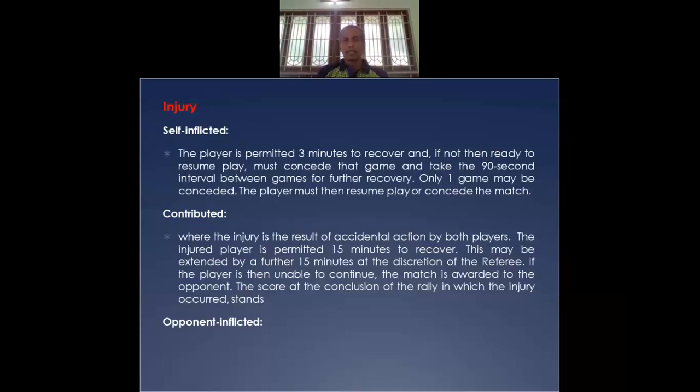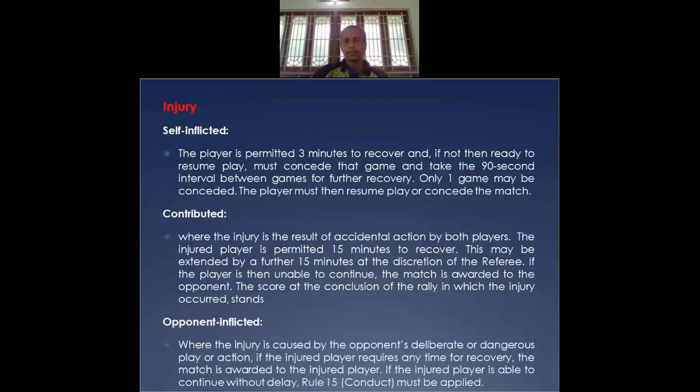If the player is injured because of the opponent's action, then it is opponent inflicted. A racket slipping out of the opponent's hand and hitting, or the opponent deliberately going into the player while going to the ball.